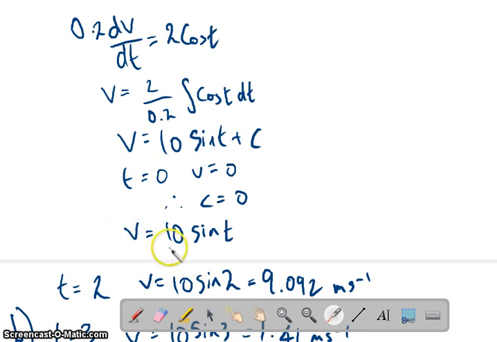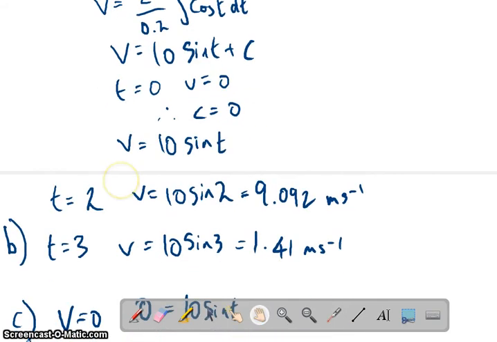So the velocity is equal to 10 sine t. So the first part of the question is almost done, and you just have to set the conditions in. The question asks, find the speed of P when t is equal to 2. So when t is equal to 2, the velocity is 10 sine 2, and that gives us 9.092 meters per second.